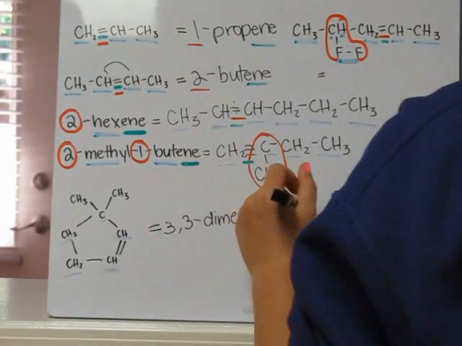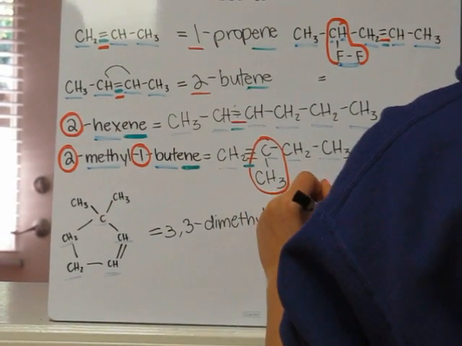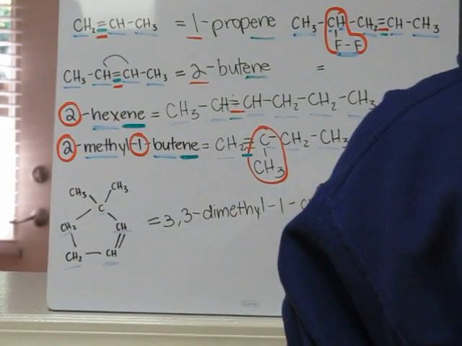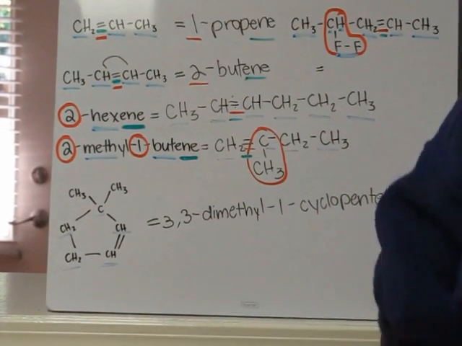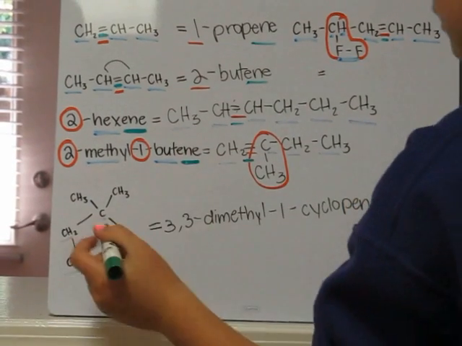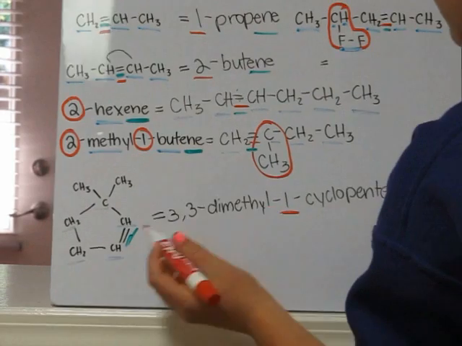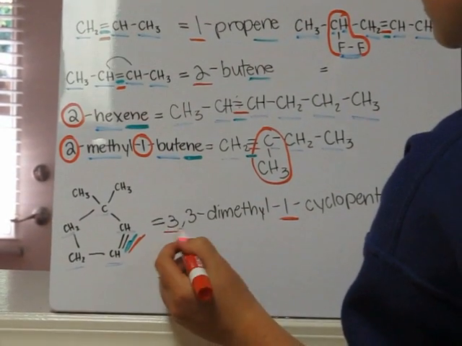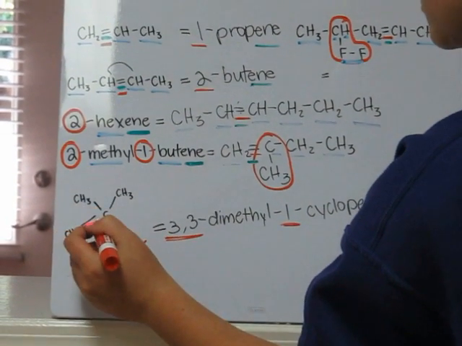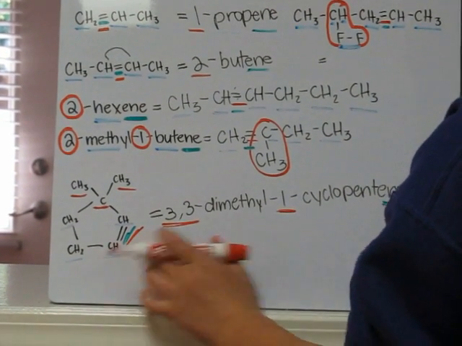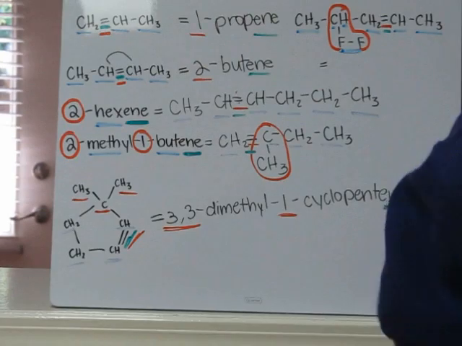And then it's a cycloalkene, so it would be cyclo, and then pent for 5, and -ene for alkenes. So we have -ene for the double bond, and 1 because it's on the first carbon, 2 3s because they're on the third carbon there, and our blue 5 for pent there.